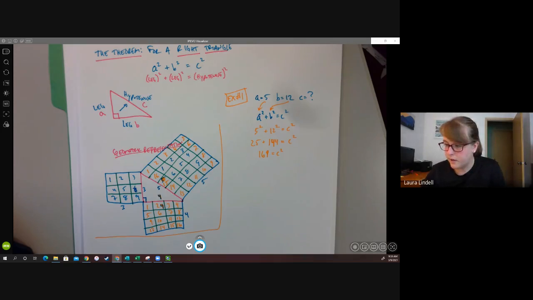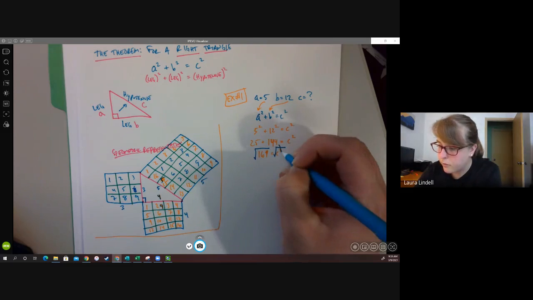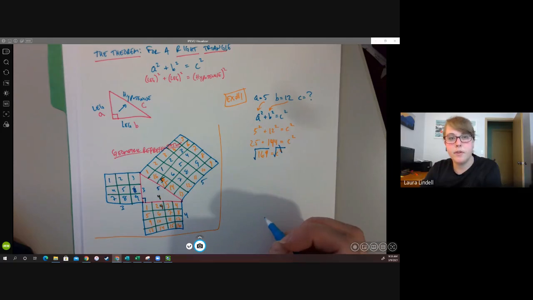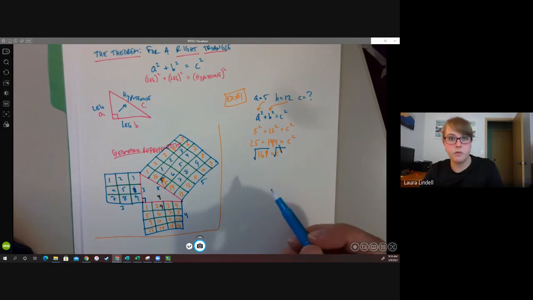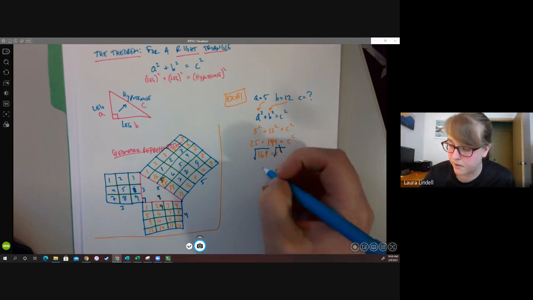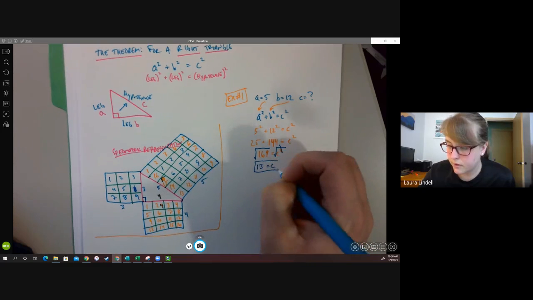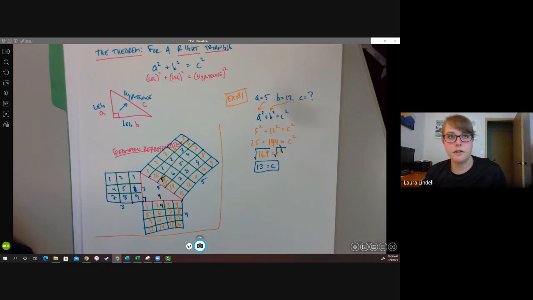Square root, exactly. So if I take the square root on both sides, the square root cancels out the square. And then I would type the square root of 169 into the calculator if I didn't know what that was already. So the square root of 169 happens to be 13. So C equals 13 would be our answer. That's our missing side. That's our missing hypotenuse.